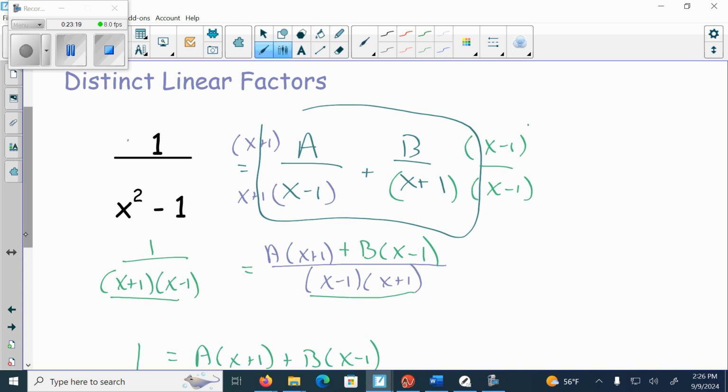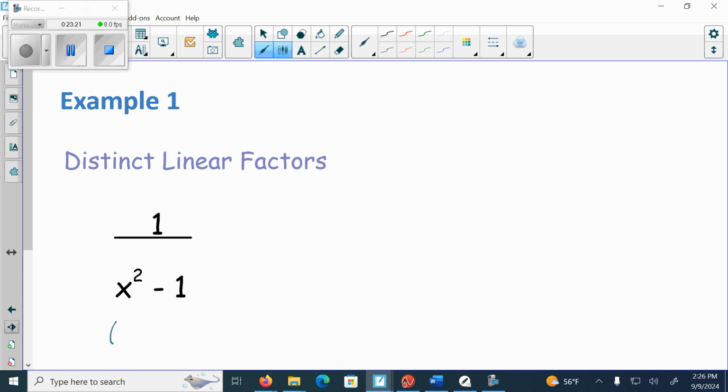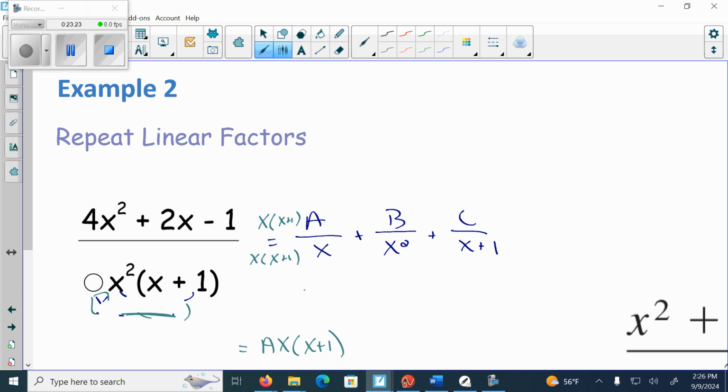So this one, when you have a repeat, technically this x squared is really x times x times x plus 1. So one of my denominators is that x. One of those denominators has to be that x squared to show that the x is repeated. And then the last one is the x plus 1.